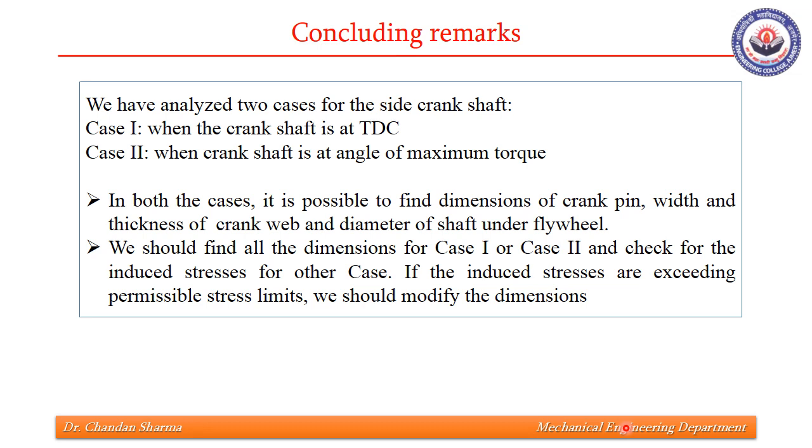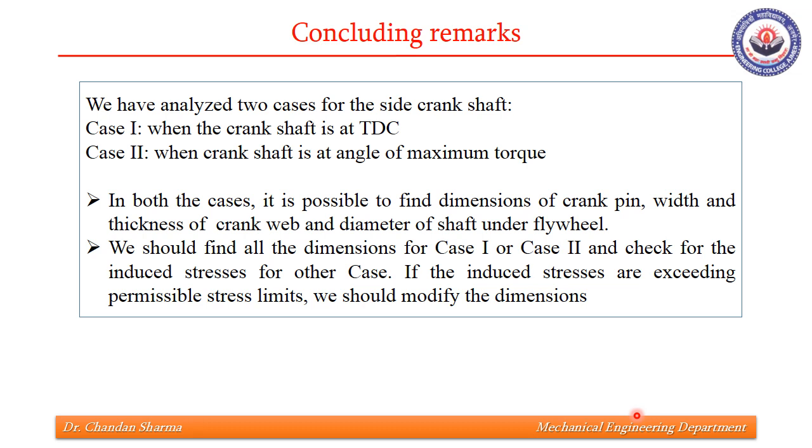First strategy is we'll find dimensions for both the cases, case 1 as well as case 2, and the dimension which is coming out to be more for a particular element we'll assume as the final dimension. That means if the dimension of crank pin is coming out to be more for case 2 as compared to case 1, we'll assume the dimension for case 2 as final. Similar is true for other dimensions.